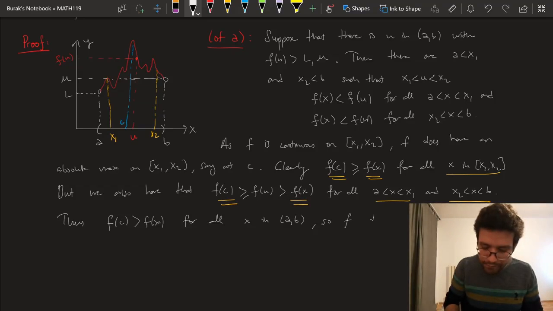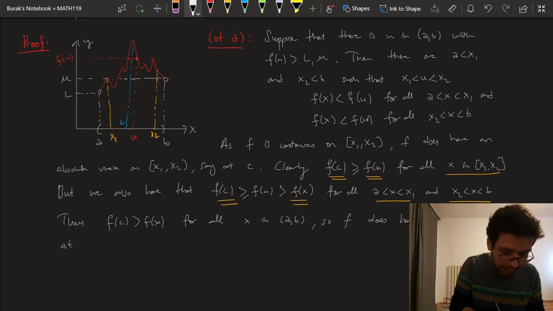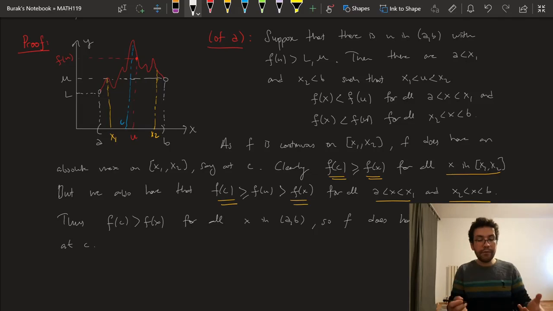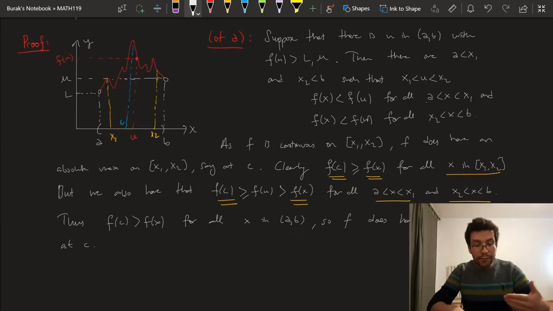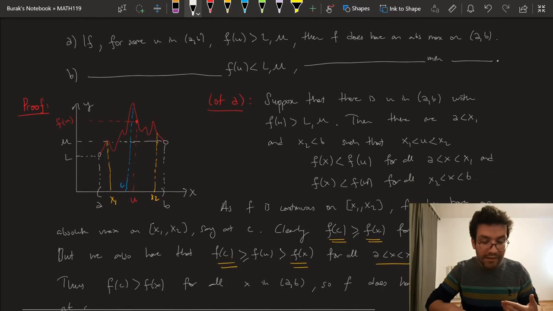So f does have an absolute maximum at c. So I have proven that on this open interval, if this happens, I do have an absolute maximum. And the proof of part B for the minimum case is similar.